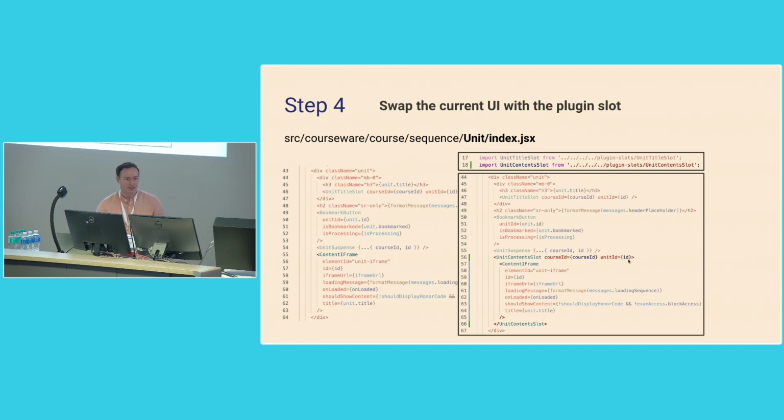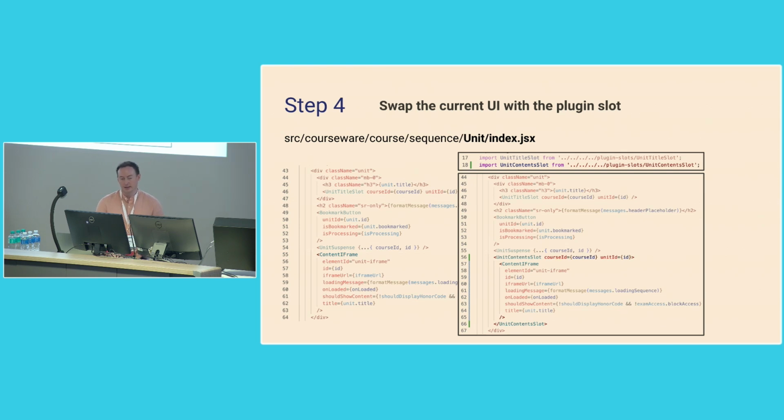Here in this page it's just called ID, so we're renaming it to unit ID for the plugin. And then the content iframe, just leave it unchanged. You don't have to change the code, you just have to indent it by one more tab as we wrap it with our plugin slot. So the content iframe becomes the children that we saw in the previous code, and that's getting passed in to become the default contents of the slot.